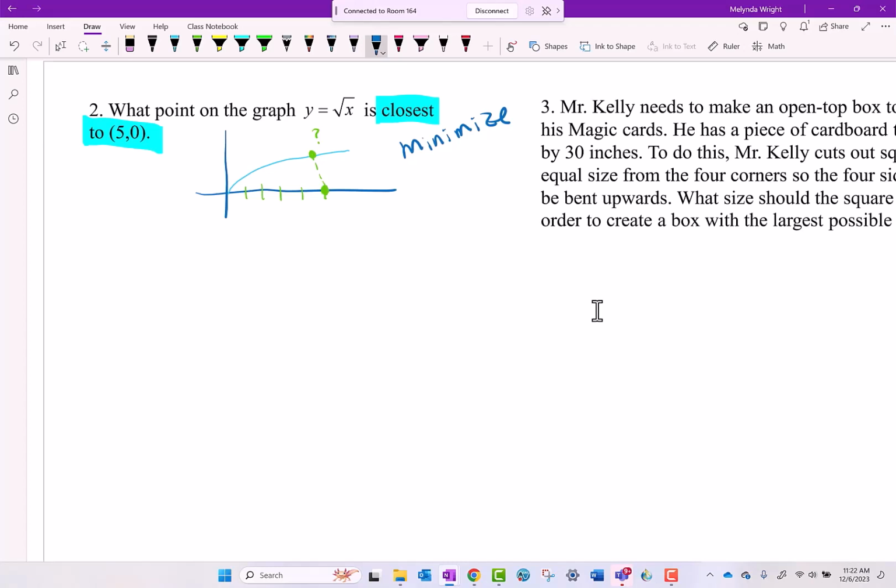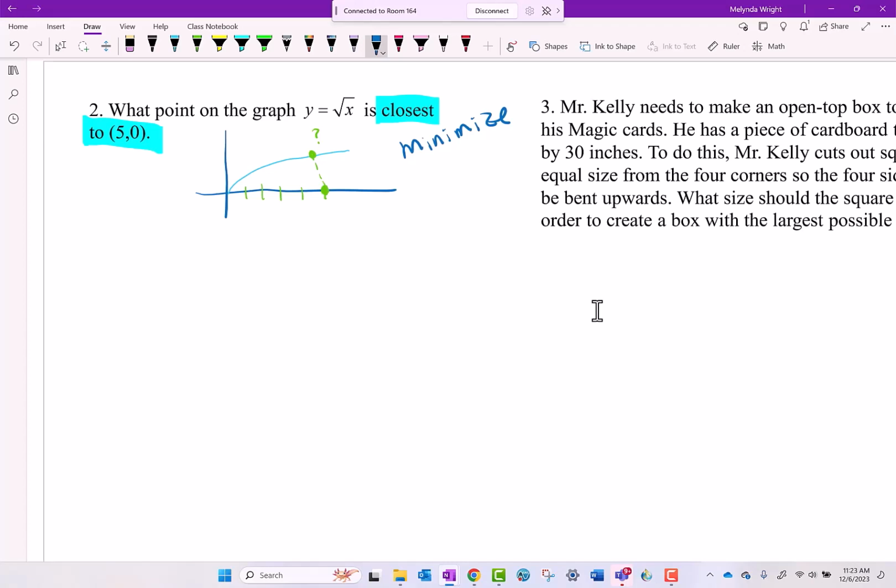Close, if we think about it overall, is like a distance, right? If I were going to do an experiment, I would put that point several places and I would measure the distance. So we do know an equation that helps us measure distance.